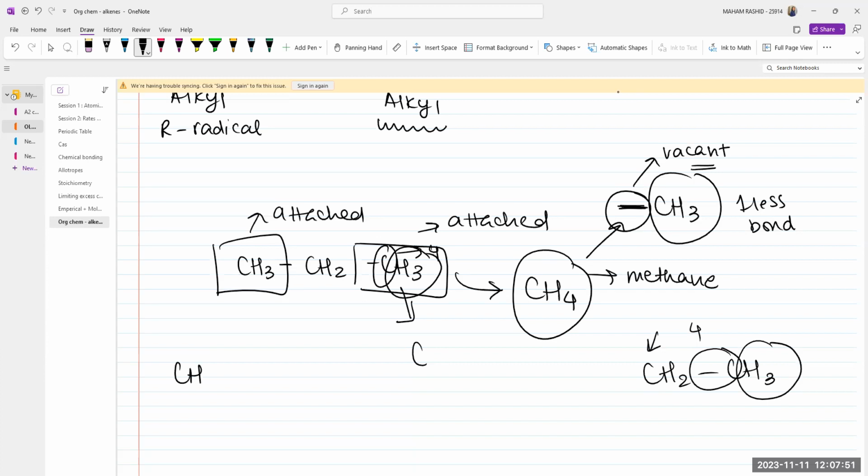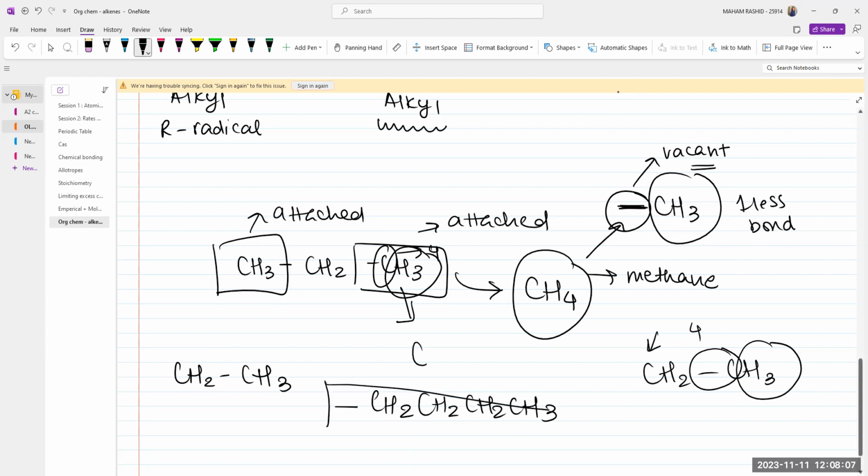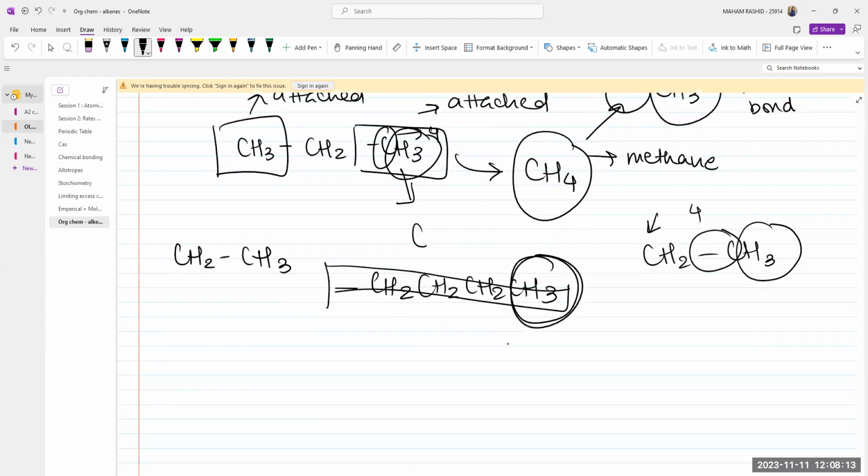Now if I have this, or okay, if I were to make a butyl group, this will be my butyl group. Why? Because my carbon is deficient of 1 hydrogen, right?